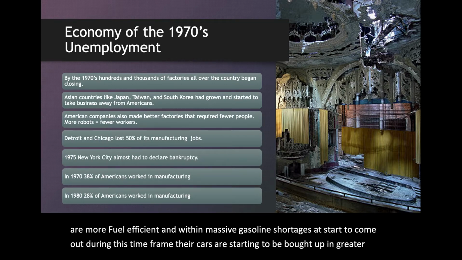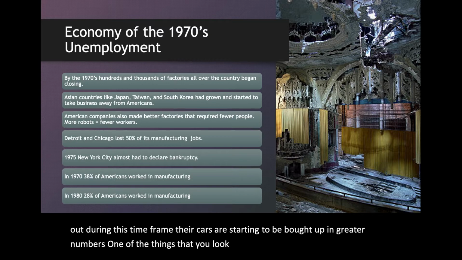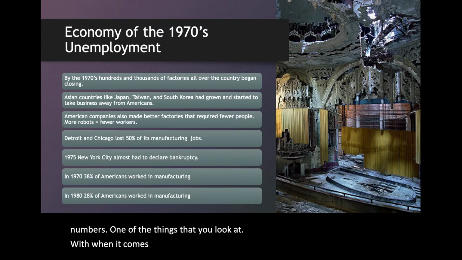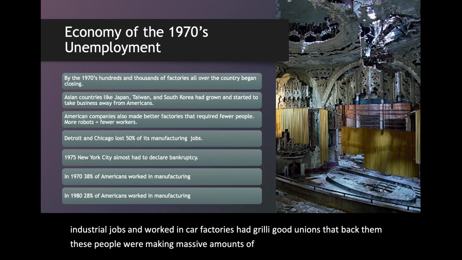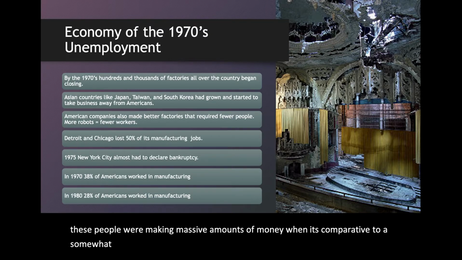One of the things that you look at when it comes to these economic disparities, people who worked in industrial jobs and worked in car factories had really good unions that backed them. These people were making massive amounts of money. When it's comparative to a somewhat modern view, a lot of factory workers were making as much money as what you'd consider a mid-level lawyer. That's how much money they were making.